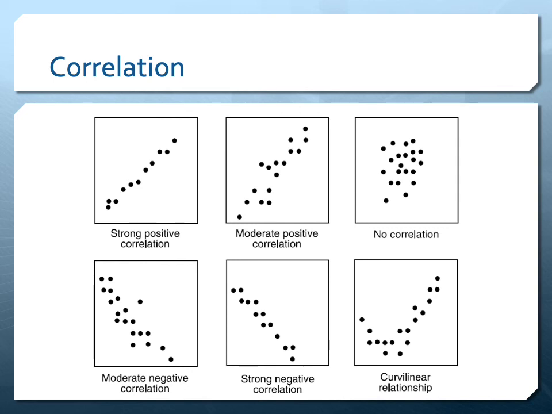Then you might have a mid-range where maybe that correlation isn't quite so clear, still positive, but maybe there are other factors that you haven't considered in that relationship. Or maybe there's no correlation at all.